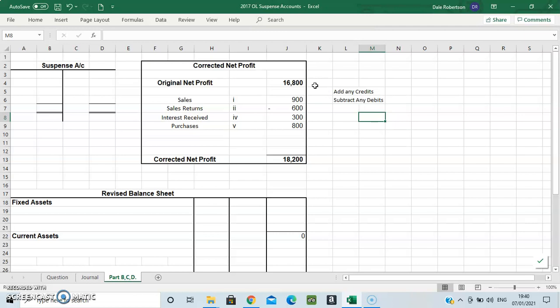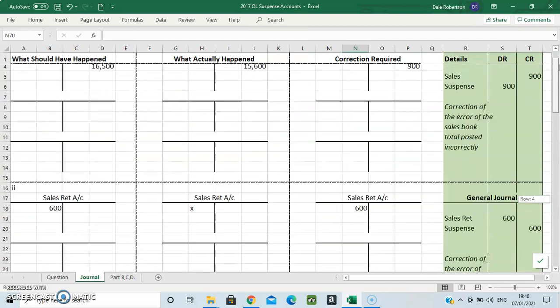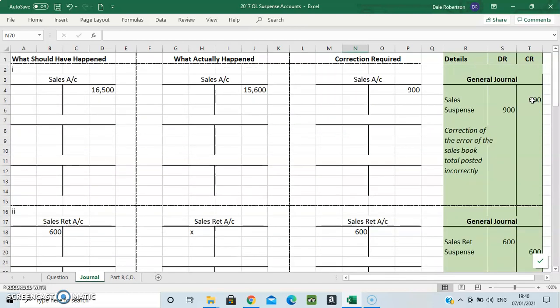Now, you only do that with items which are affecting the net profit. In other words, which are on page 1 of your accounts, but not on the balance sheet, because the balance sheet comes after the net profit. Those effects would take place down here. So when we go back to our journal for a moment to check, we can see that in number 1, we did have sales and suspense.